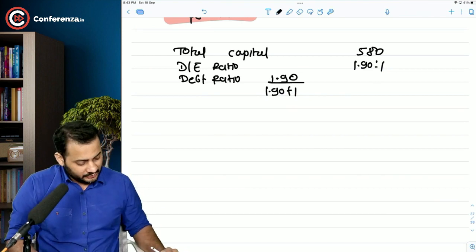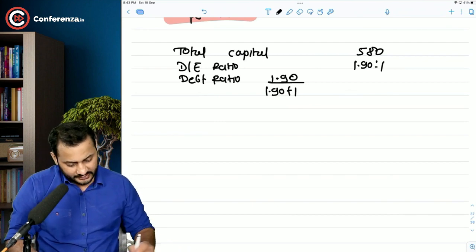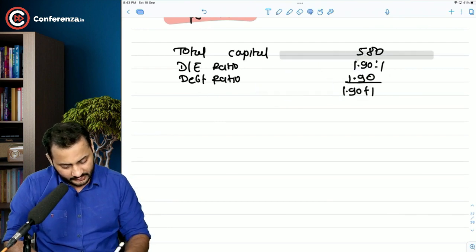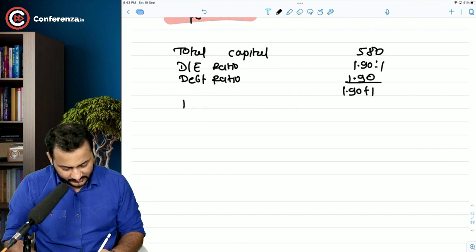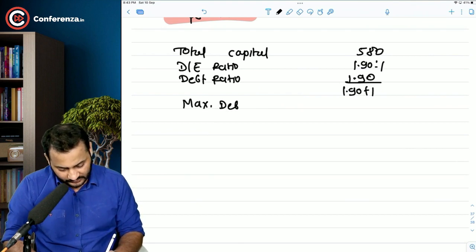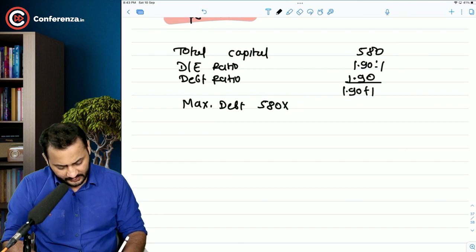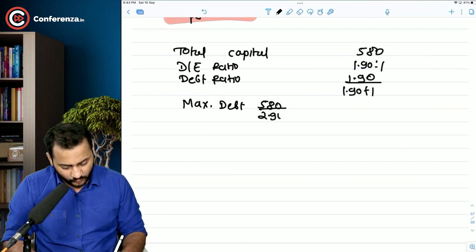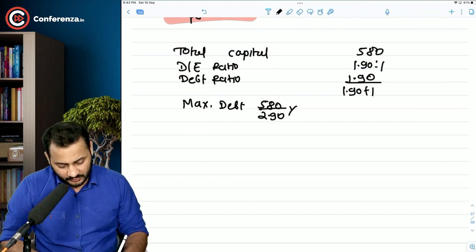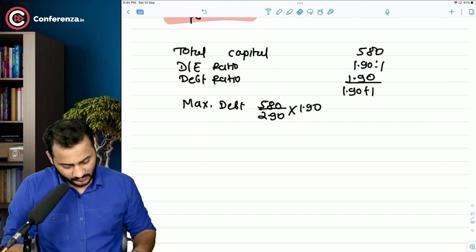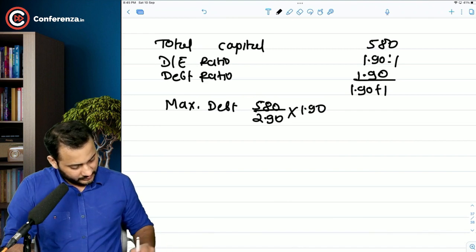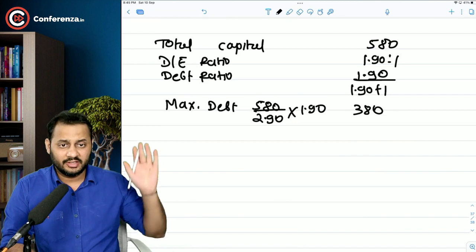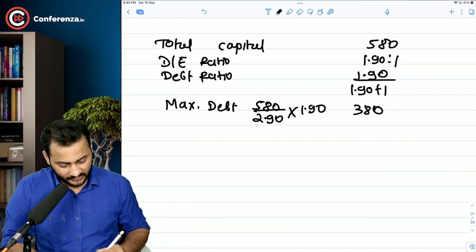So how much the total debt can be? 1.9 divided by 2.9, and the total or maximum debt that we can keep is 580 divided by 2.9, multiplied by 1.9. So this will be 580 by 2.9 into 1.90, that's 380. Total debt that we can have maximum is 380.